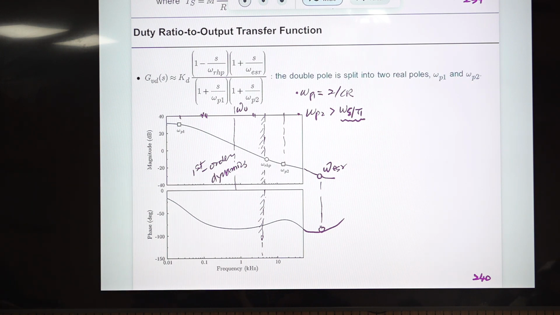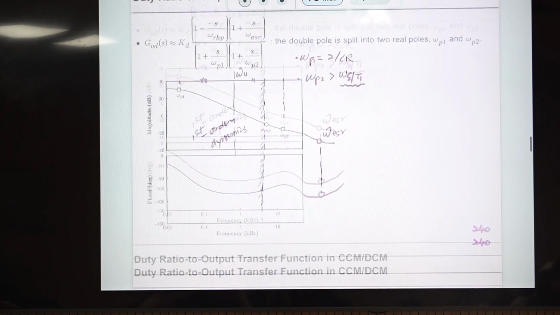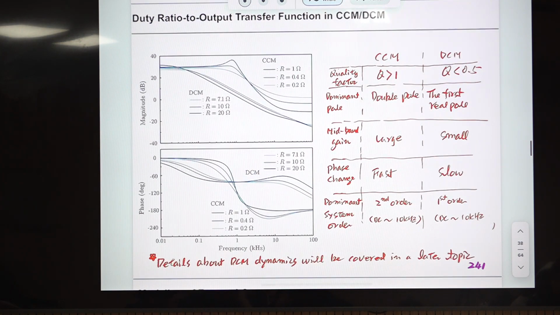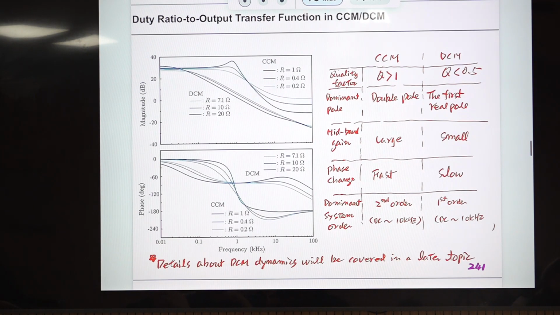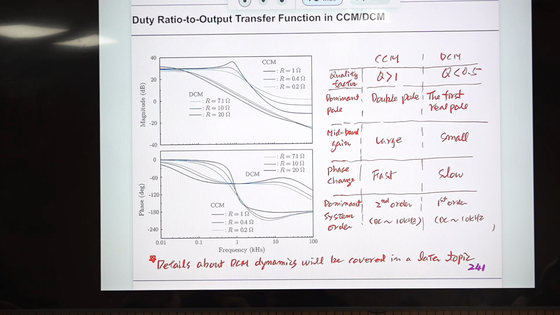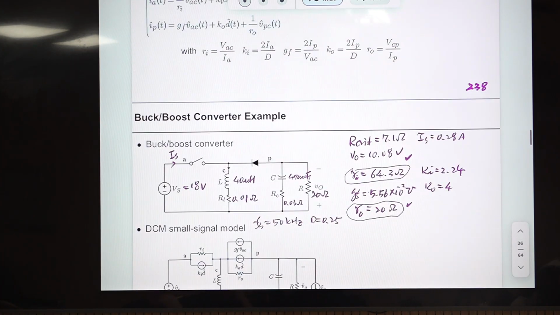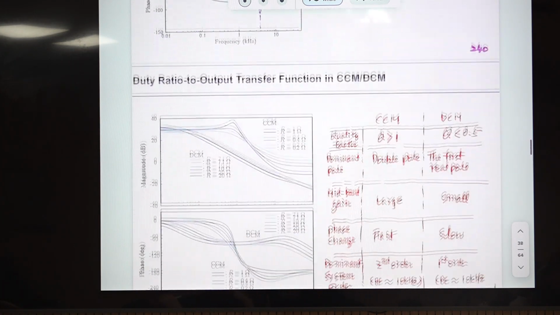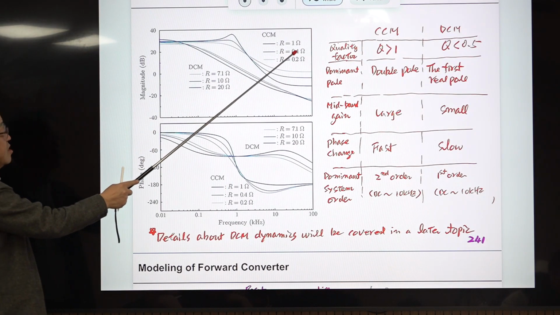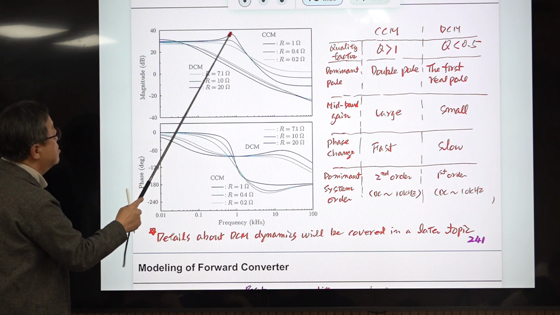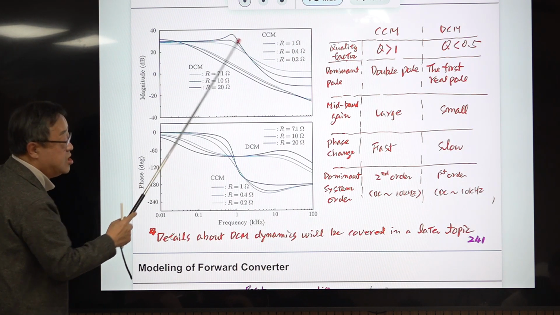Let me show. I just introduced this page, and we'll discuss this in detail next Tuesday. I showed these parameters of this buck-boost converter with different values of R. This R is 1 ohm, and this is smaller, so it's not DCM, it's CCM.